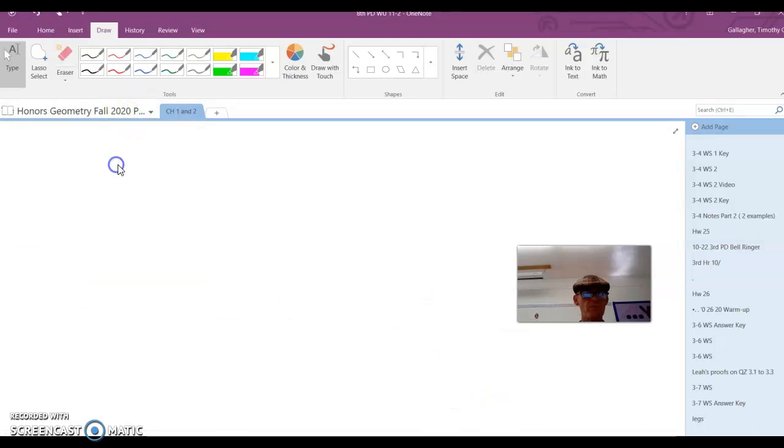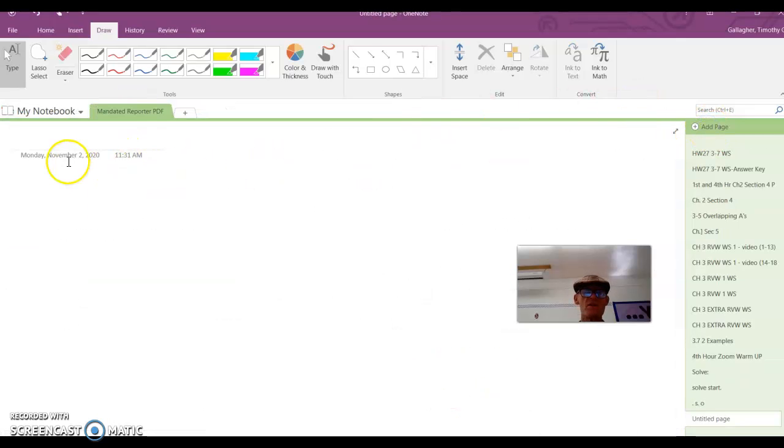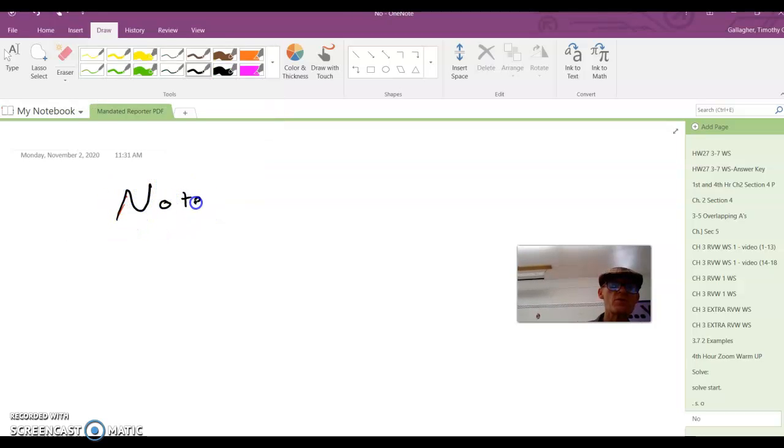Good morning. These are the notes for Chapter 4, Section 4. Notes 4.4. And this is graphing a function rule.